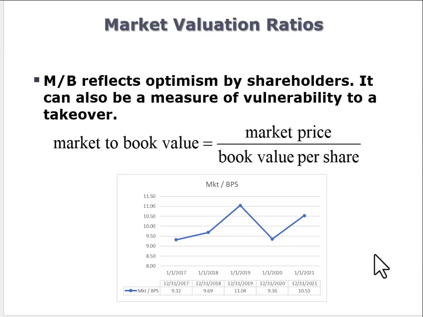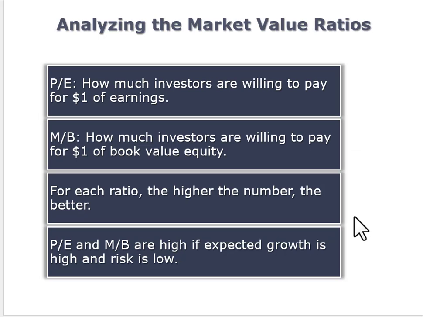Again, it's a little bit beyond this course, but we can see that in the last couple of years there have been some pretty jagged changes, right? So it looks like there have been some changes in valuation, but in general, we have an upward slope that indicates that investors are optimistic about this company's growth.